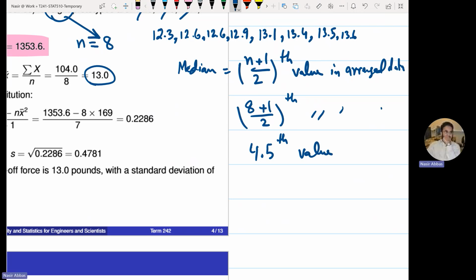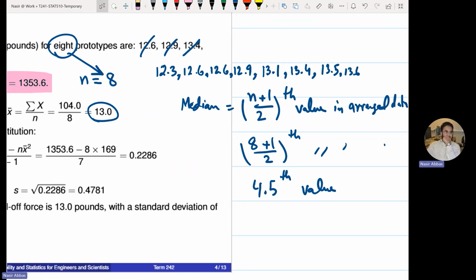Now, in some data sets, n will be odd. This number will come out to be a whole number. And in some cases, n will be even, and this number will come out to be a fraction. If this number comes out to be a whole number, you just go and pick that number. That will be your median. For example, if 4th value is median, 12.9 will be the median.